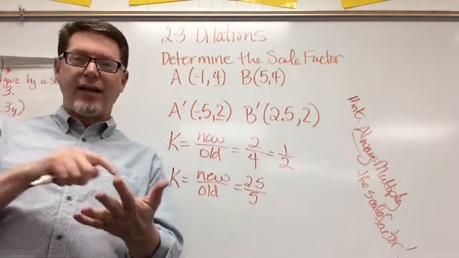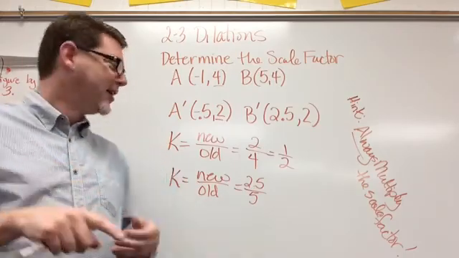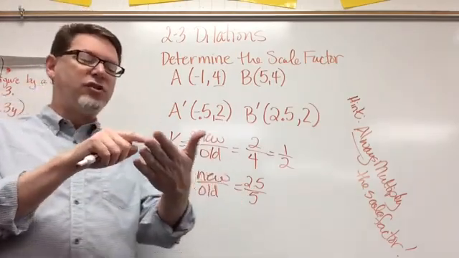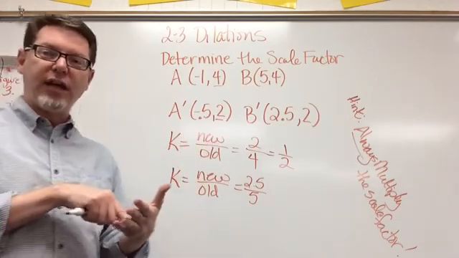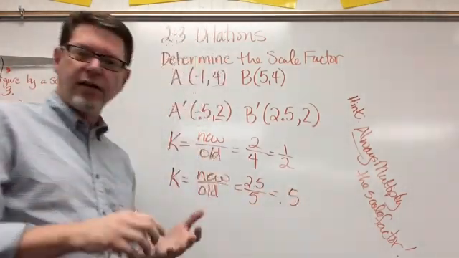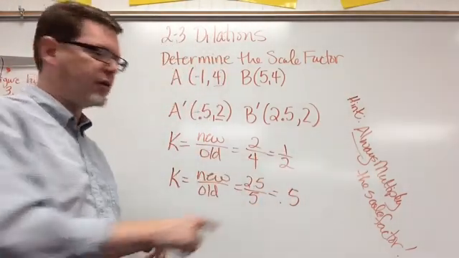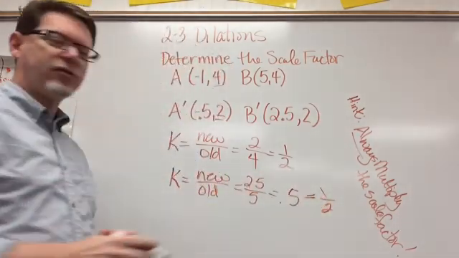I probably need my handy dandy calculator. Oh, remember that from yesterday? So I'm going to use my handy dandy calculator. What is 2.5 divided by 5? And when you do that, you get 0.5. Well, on the calculator, 0.5, but if I change that to a fraction, do I get 1/2? Absolutely. So my scale factor is 1/2.